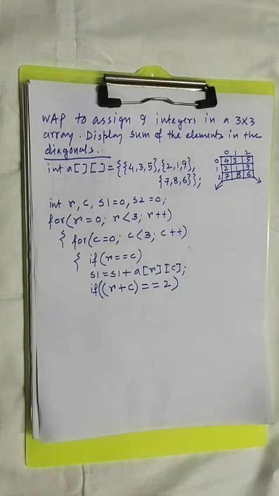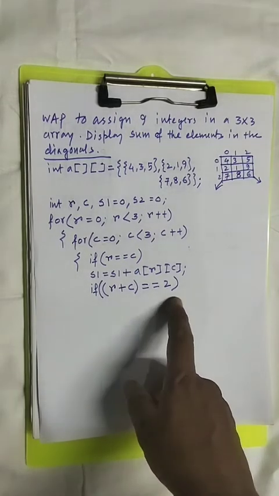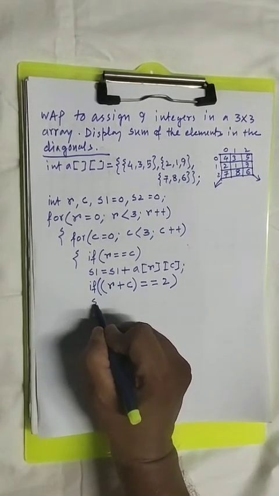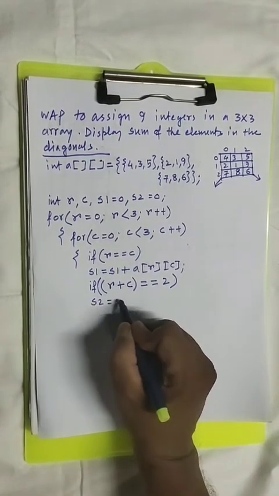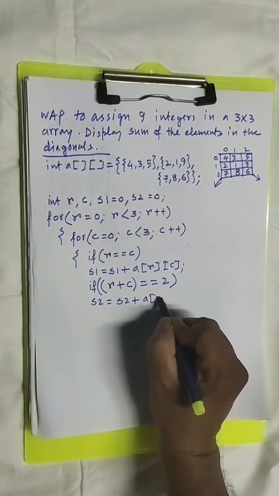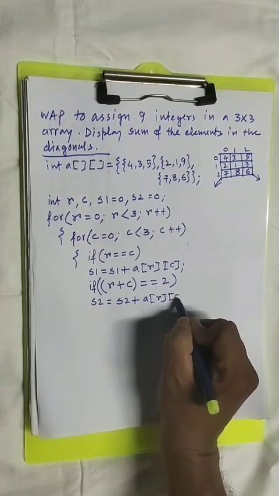You see, when row is 0, column is 2, 2 plus 0, 2. When row is 1, column is 1, 1 plus 1, 2. When row is 2, column is 0, then 2 plus 0, 2. That means by this logic we are finding the right diagonal. So now S2 equal to S2 plus A R C.